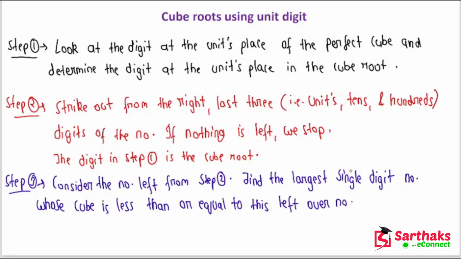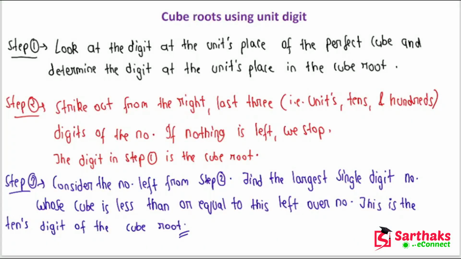Suppose we are left with 43. Then we'll see that the only number whose cube is less than 43 is what? 3 cubed is 27. Okay, so 3 will be our tens digit this way. This is the tens digit of the cube root, right?